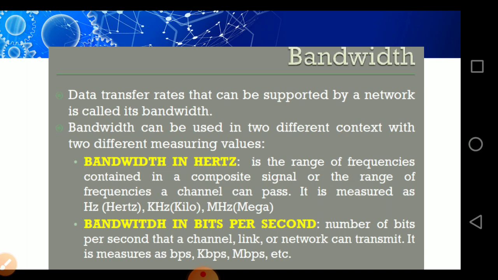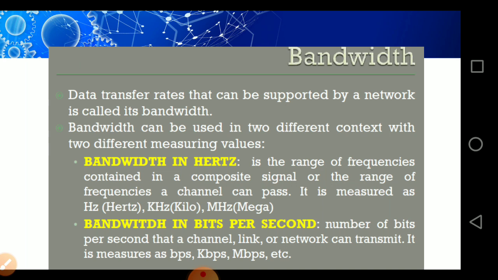If it is in hertz, it's a range of frequencies contained in a composite signal. That is, when you tune into one frequency, you get one type of data. If you change to another frequency, you get another type of data. So it's the range of frequencies contained in the composite signal, or the range of frequencies a channel can pass. It is measured in hertz, kilohertz, megahertz, etc.